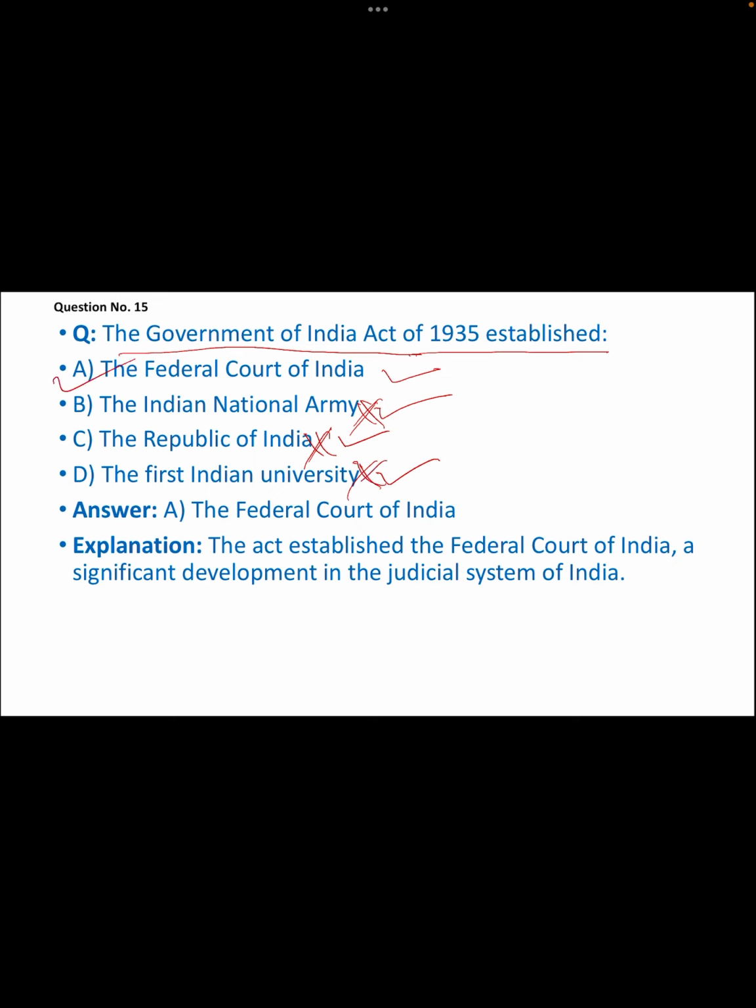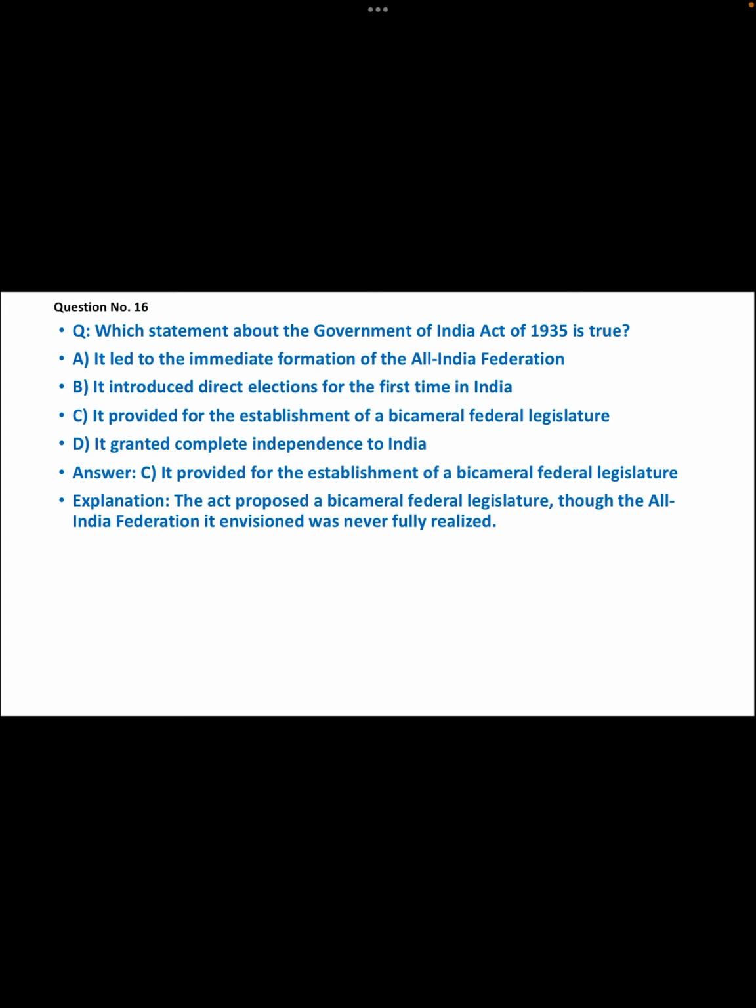So it actually established the Federal Court of India. A is the correct answer. The Federal Court of India was established in 1935, a significant development in the judicial system of India.